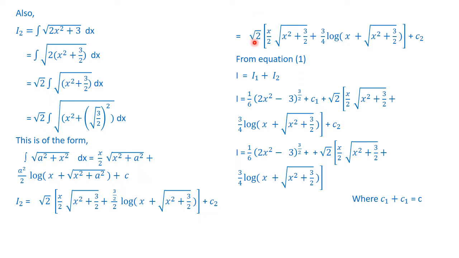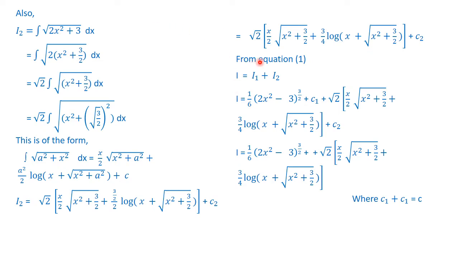That is equal to root 2 into x by 2, this term as it is, plus 3 by 2 upon 2, that is 2 into 2, 4, 3 by 4, log of x plus under root x square plus 3 by 2, plus c2. Now this is I2 and I1 is already there.